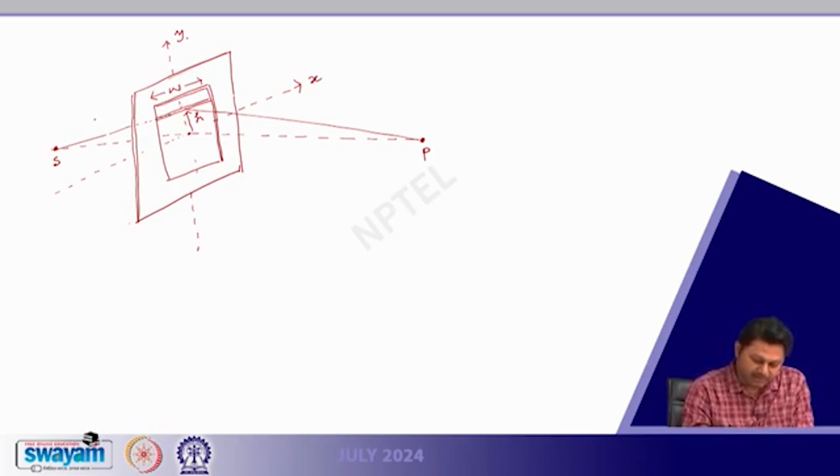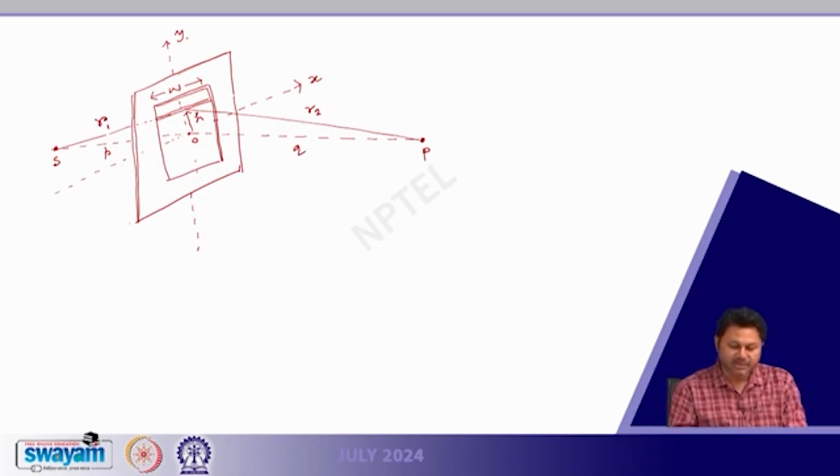This is R, from here to here, this is say R1 because another R is there, this is R2. From S to this point O, and O to P, this is Q. So, that is the structure we are having.